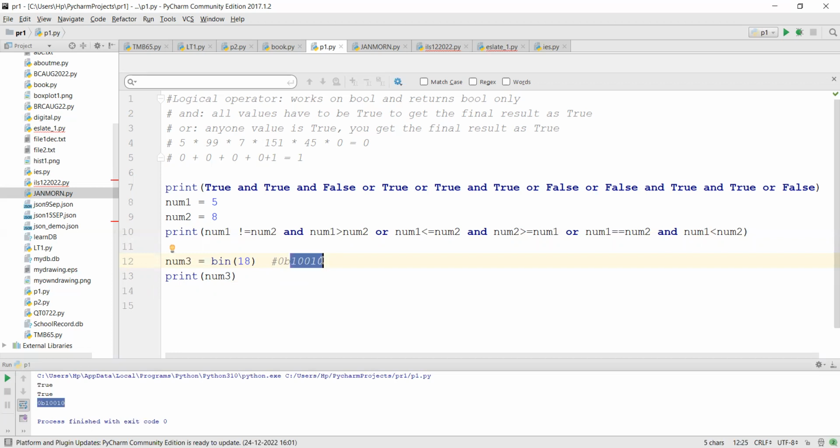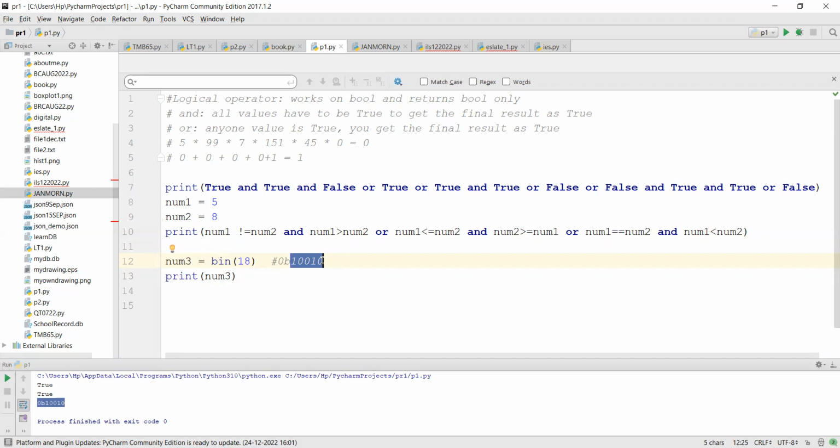If you did not give 0b, it would be difficult to find the difference between a binary or a decimal number, isn't it? If I write 10010, how do you know it is a binary number or a decimal number?